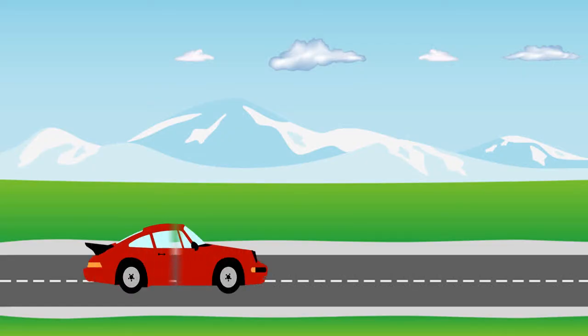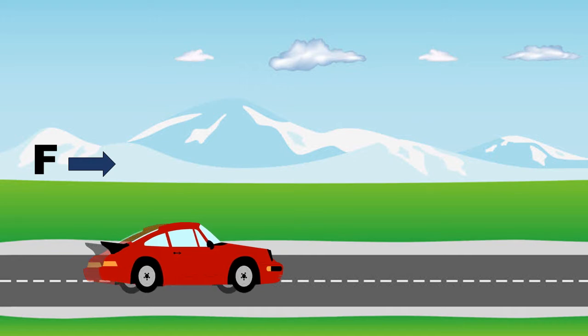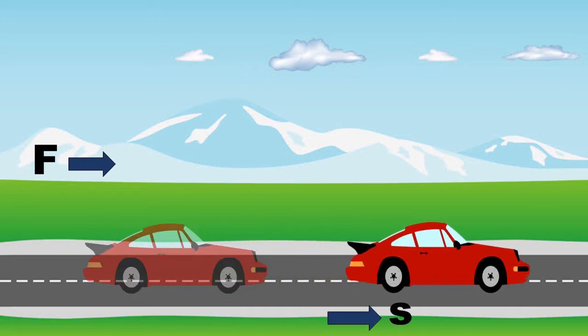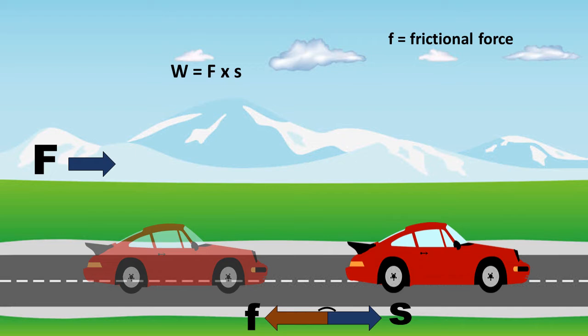Now friends, let's consider a car. An external force F is applied on the car and the car is displaced by S. As you can see, the frictional force f is acting in the opposite direction to the direction of motion of the car. So, work done on the car by external force is F into S. As you can see, the angle between frictional force and displacement is 180 degrees.